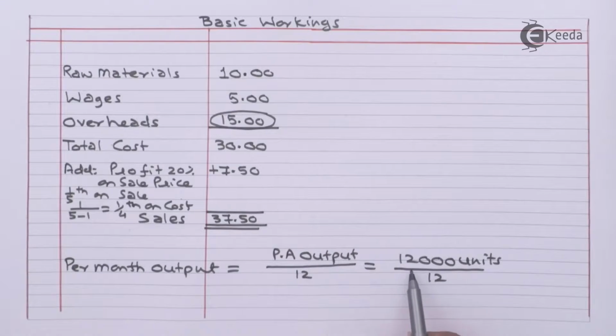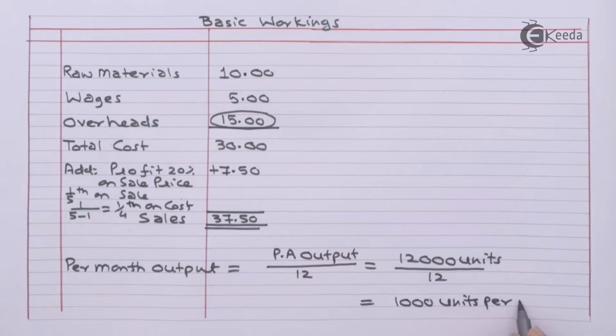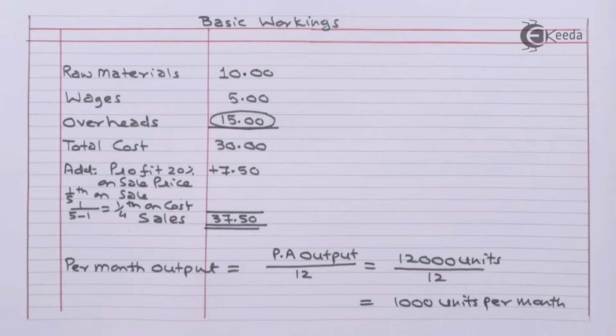Per month output we can calculate by taking per annum output 12,000 units divided by 12. It is 1000 units per month. That is the calculation we get.